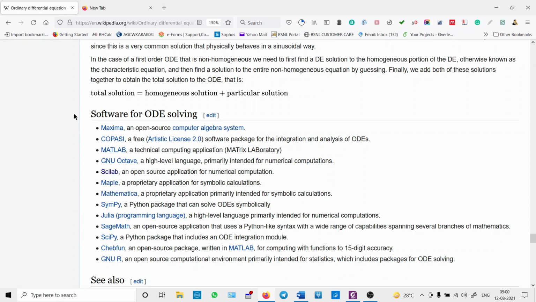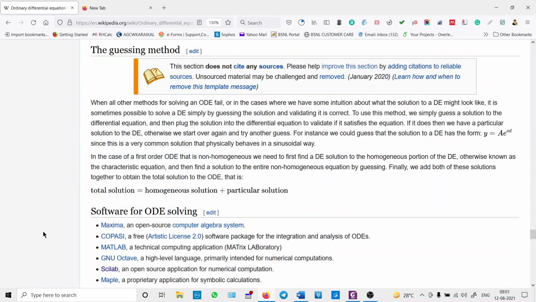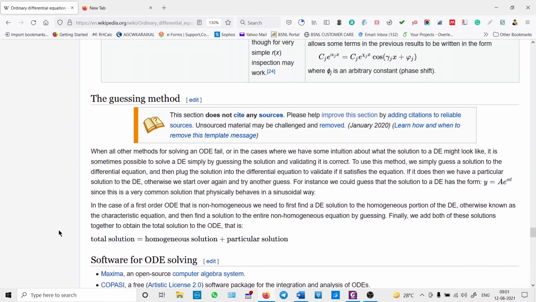You can get the help and we can get the approximate solution. That's the importance of this software. In many situations it helps people to solve differential equations, whether ordinary or partial.